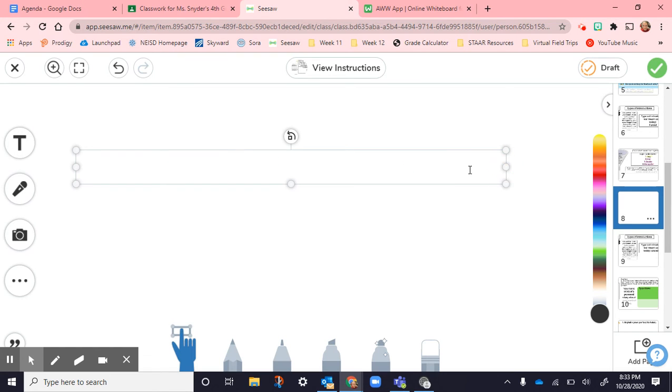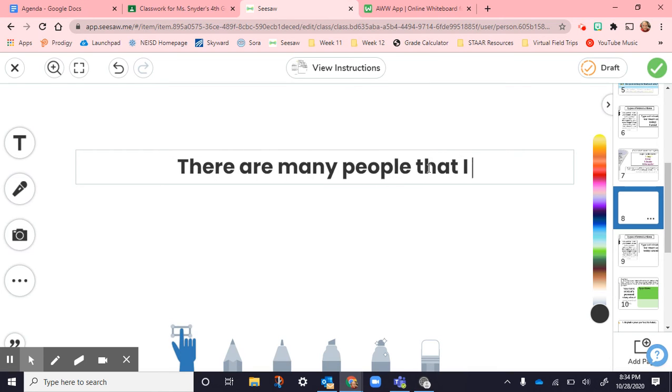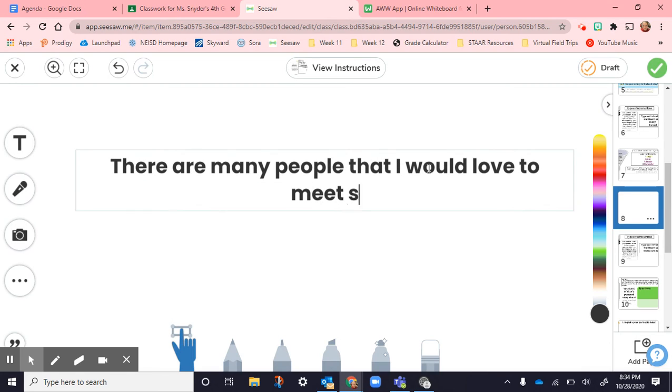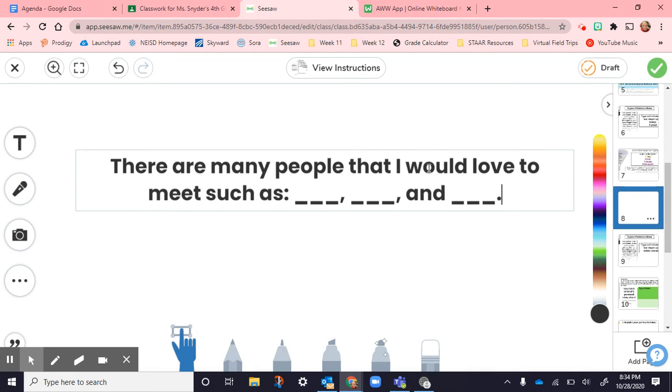So we practiced writing another funnel. So you would say something like, there are many people that I would love to meet, such as blank, comma, blank, comma, and blank.